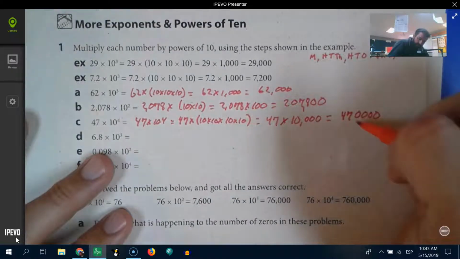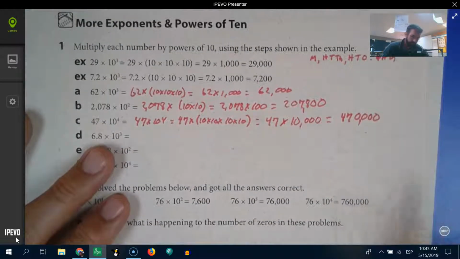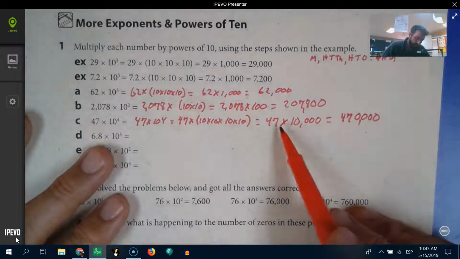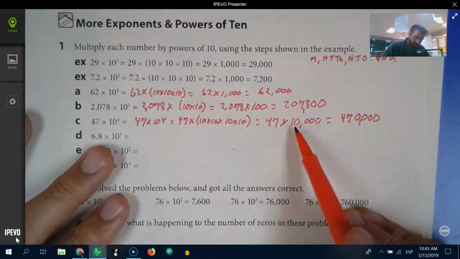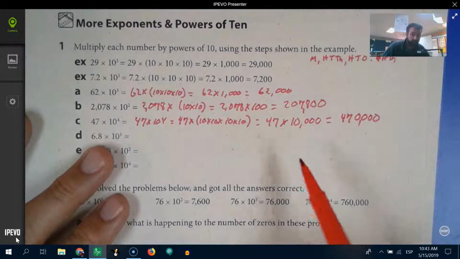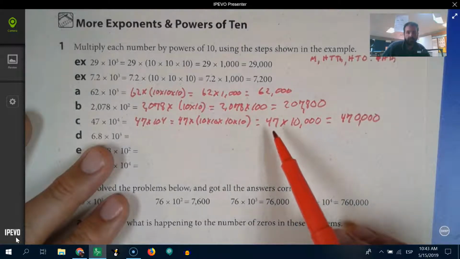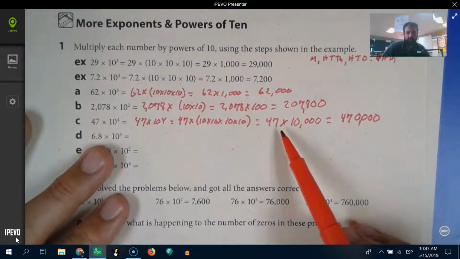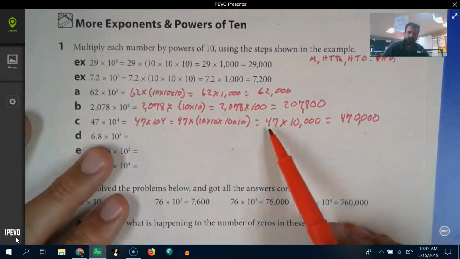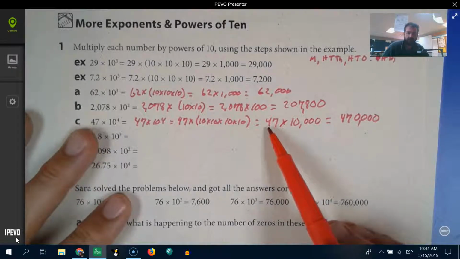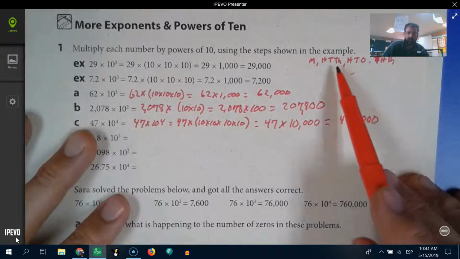What's filling the gap there is my zeros from the tenths, hundredths, thousandths, and 10,000ths. Is that right? Yeah, that looks right. I'm moving 4 to the left. I'm in tens, 1, 2, 3, 4, 100,000s.